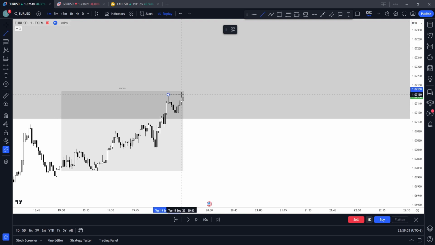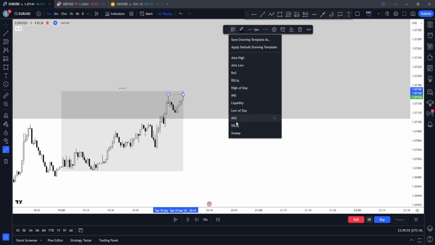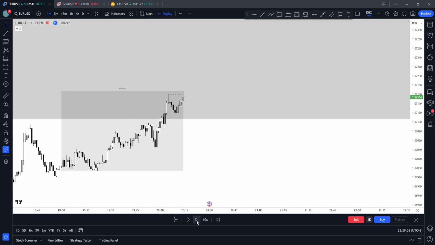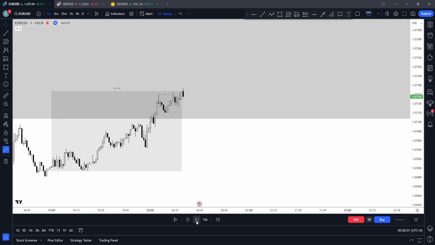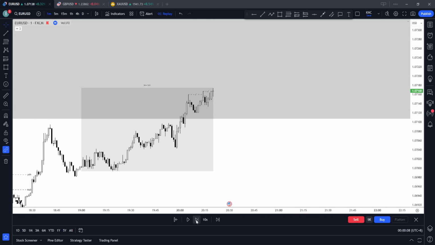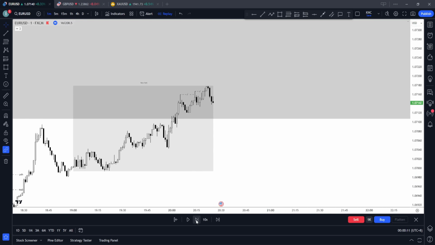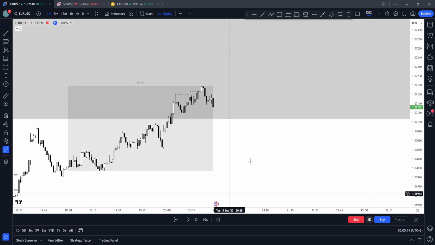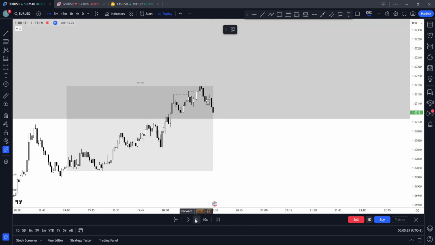We have a sweep of liquidity and another sweep of liquidity here. We are seeing an internal market structure shift. So we'll be using this Fibonacci to see if we could get an entry.